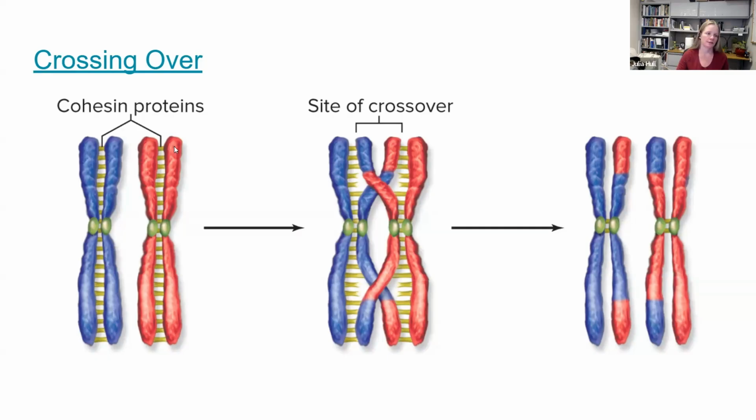These two are sisters, these two are sisters, but this one and this one are not sister chromatids, okay? So those non-sister chromatids are going to get tangled up, and we're actually going to see part of that break off and exchange places with portions of the other non-sister chromatid. Again, the point of this is to shuffle up those genes, create novel combinations.